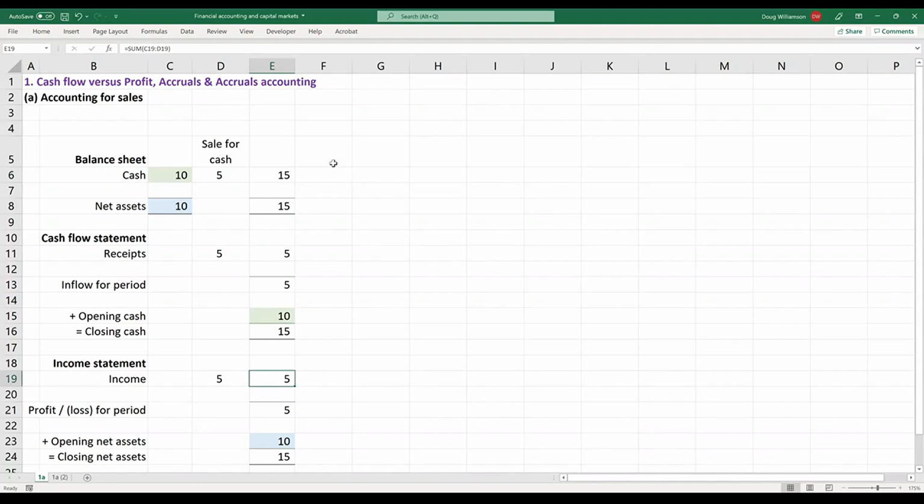Let's look at a sale on credit. So sale on credit, in other words, we're giving the customer time to pay. And we can have a third balance sheet.